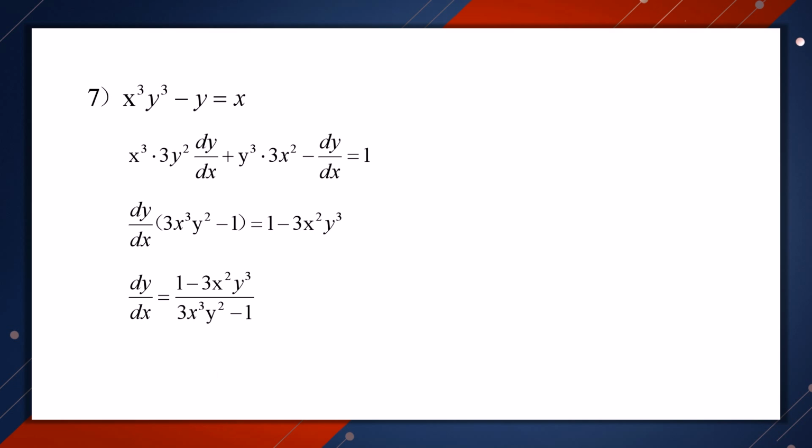And then we will get derivative of y equal to 1 minus 3x to the power of 2 times y to the power of 3 over 3x to the power of 3 times y to the power of 2 minus 1.